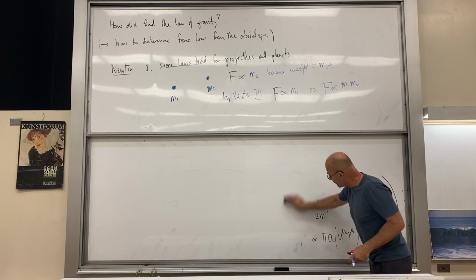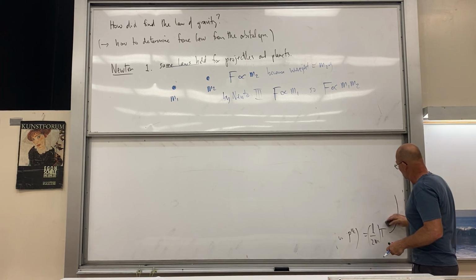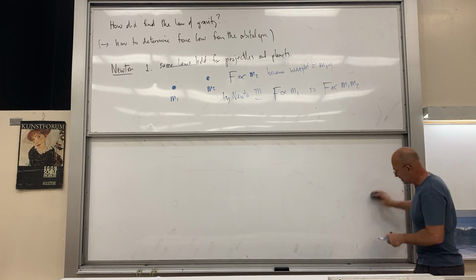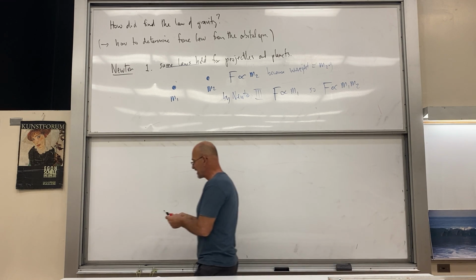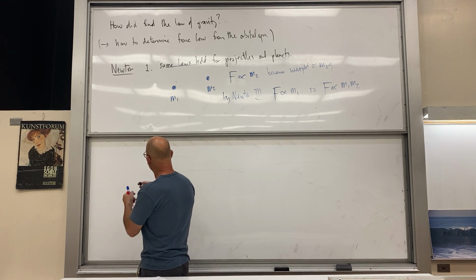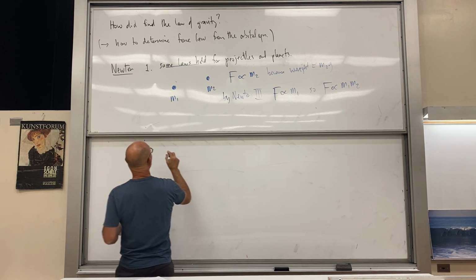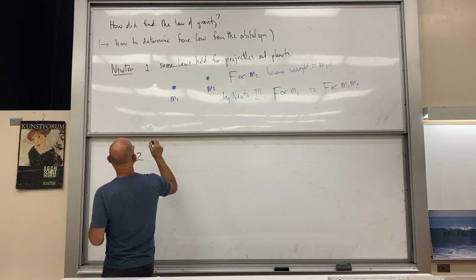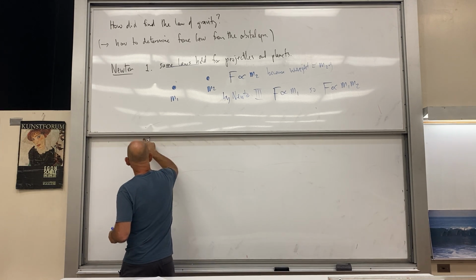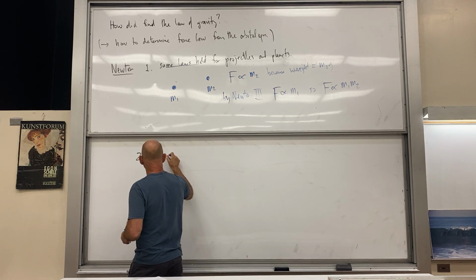So now the circular orbit could be a planet around the sun, the moon around the Earth, one of Jupiter's moons. So the next thing here is consider a circular orbit.